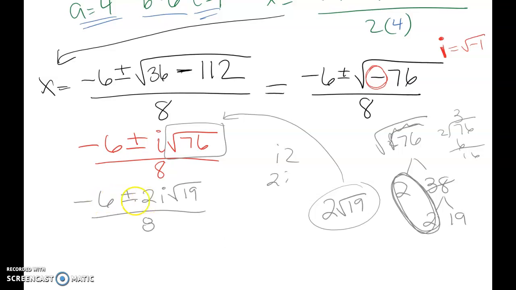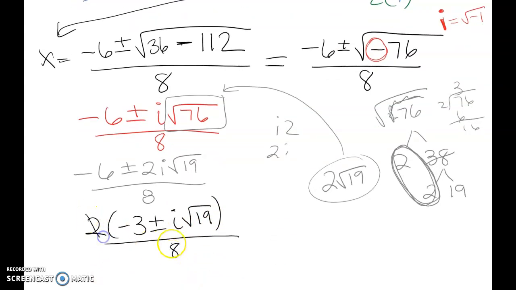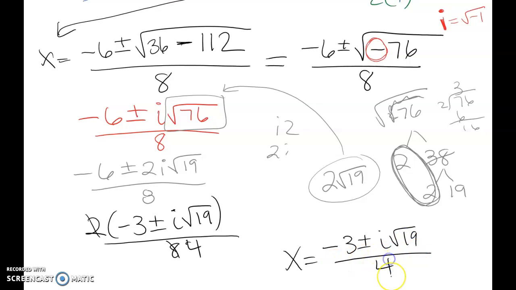What I mean by that is there's a greatest common factor here of 2. So if I took out a 2, I would have negative 3 plus or minus I square root of 19 all over 8. And can't 2 and 8 reduce because 2 goes into 8 4 times. So my final solution here is negative 3 plus or minus I square root of 19 over 4.